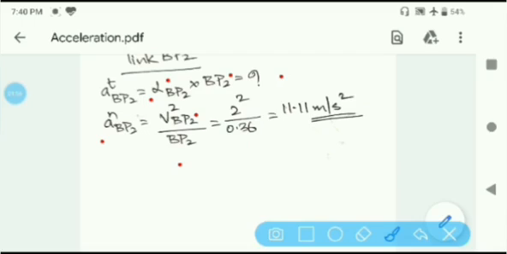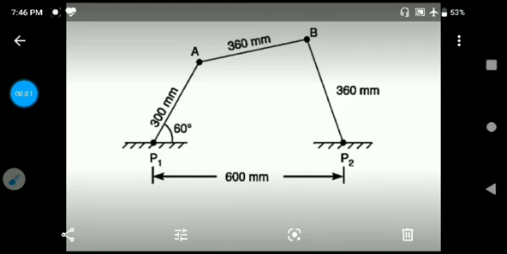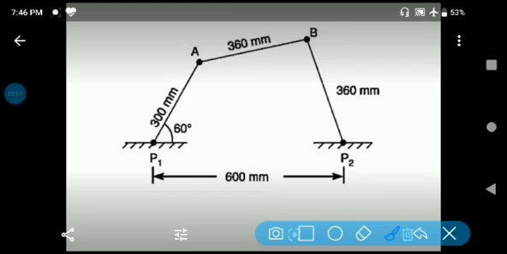You get the normal component of acceleration as 11.11 approximately, and to introduce this in the acceleration diagram, we need to divide it by the scale factor of 5. We have now found out the magnitude of the normal component of acceleration of B relative to P2.